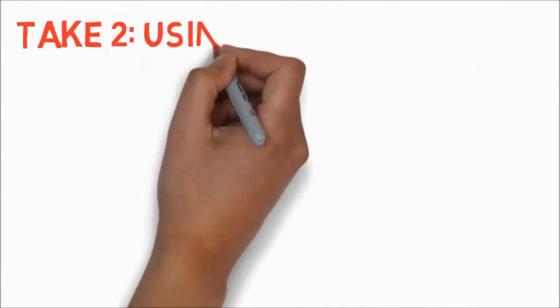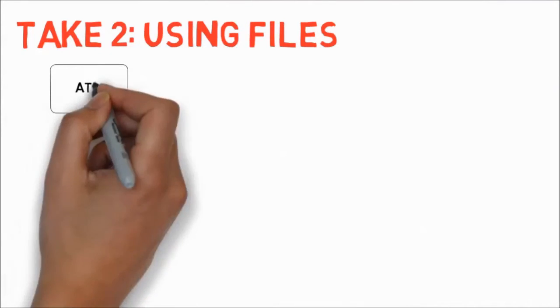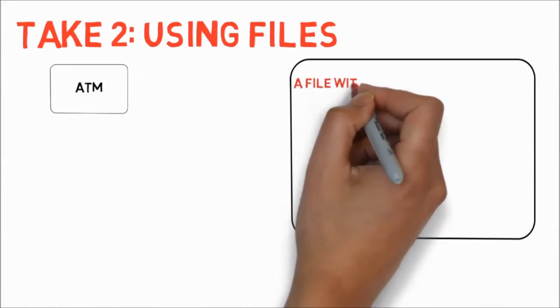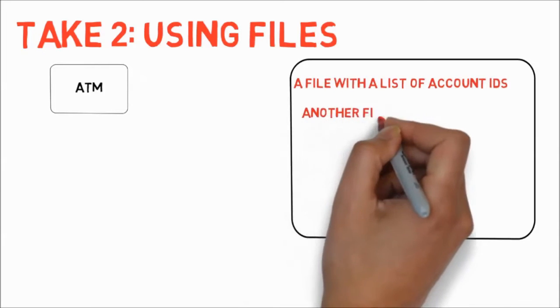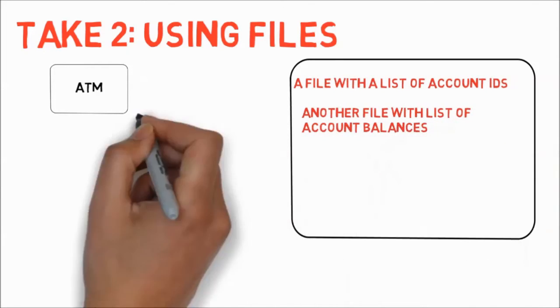So here's our attempt at implementing a bank ATM using files. We worked with files before in this class. So let's assume that there was a file with a list of all the account IDs and another file with the list of account balances.